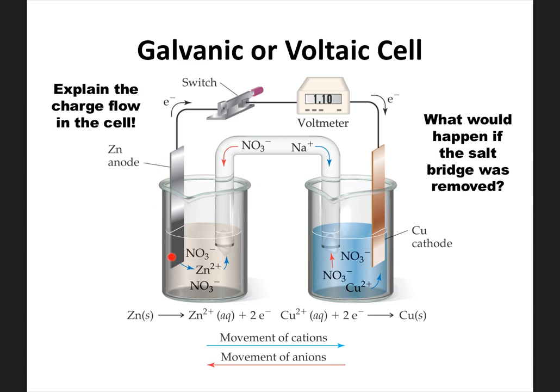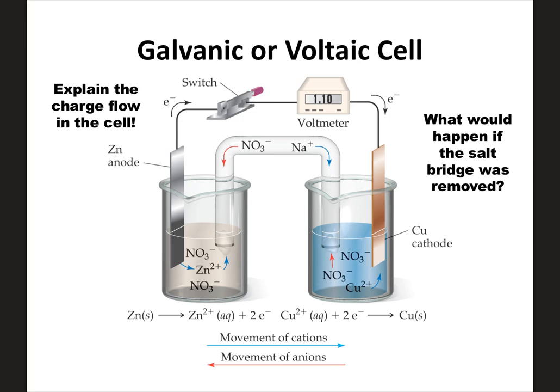You need to show that the zinc anode is in a solution of 1 molar zinc 2 plus. You don't have to know that it's zinc nitrate, but you need to label it as a 1 molar zinc 2 plus solution. And then the copper metal would be in a 1 molar solution of Cu2 plus. It has to be in a 1 molar solution of the ion itself, and you have to have them both labeled.